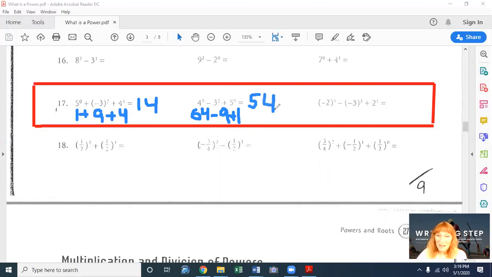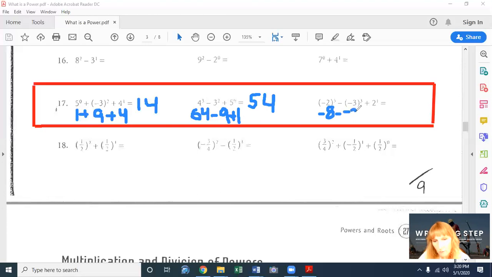Okay. The next one, negative 2 to the 3rd power, I believe. Yes, negative 2 to the 3rd power. So that's negative 2 times negative 2, which is a positive 4, times another negative 2. So it's negative 8 minus negative 3 to the 3rd power. So we have negative 3 times negative 3 times negative 3. The first two negative 3's will give you a 9, positive, times another negative 3 will give you a negative 27.